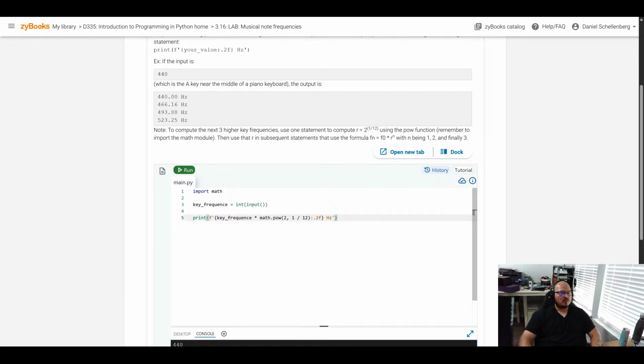So let's use it. It's going to print out. So the first printout, the first one is the input or the key frequency.